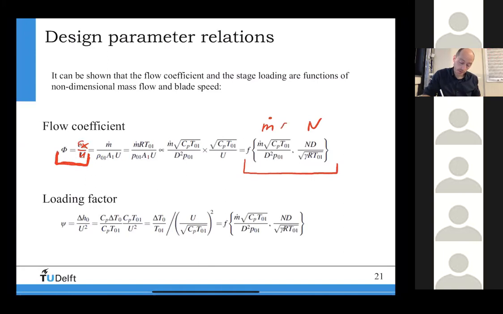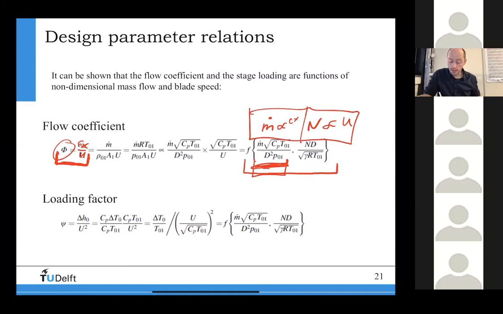They're equivalent to Cx, and this guy is equivalent to U. Clear? I have the flow coefficient now as a function of non-dimensional mass flow, this part here, and a non-dimensional rotational speed.